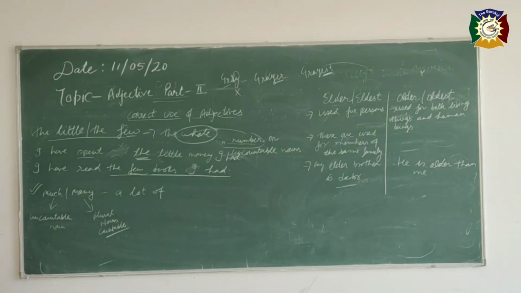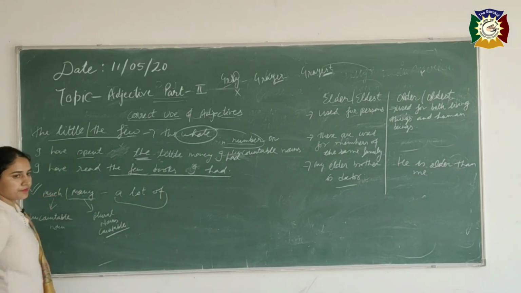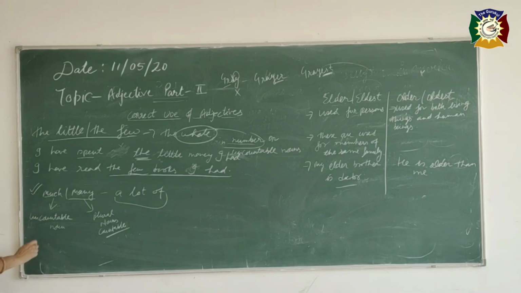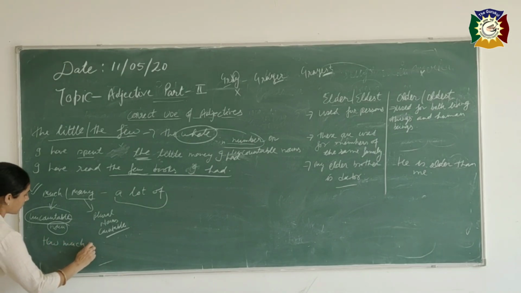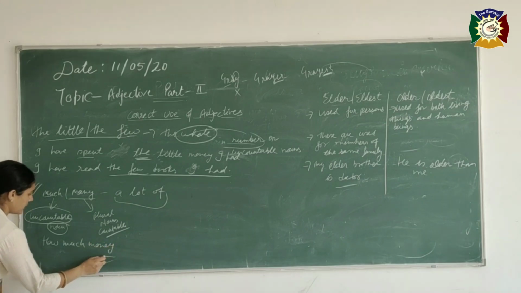Now we will go with much and many. The meaning is a lot of. Much is used with uncountable nouns. Suppose we ask, how much money do you have?